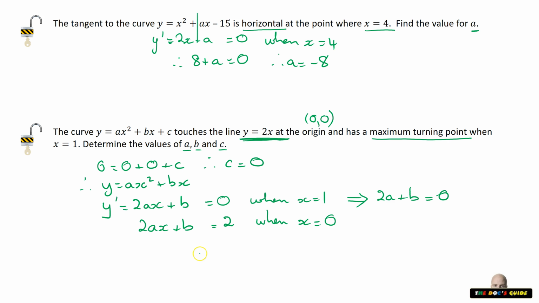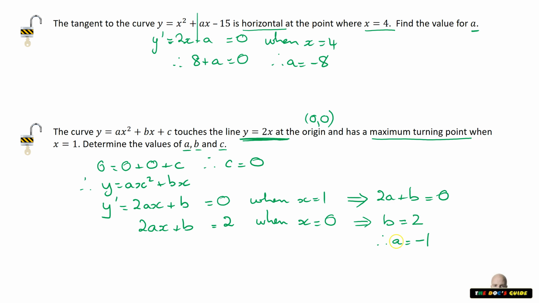So that's when x equals 0. When x equals 0, this term here is going to disappear, and we're just going to be left with b equals 2. So we know c equals 0, b equals 2. We know this fact up here, that 2a plus b is 0. So if b is 2, that's going to give us that a equals -1. So we've got our 3 values that we're after.